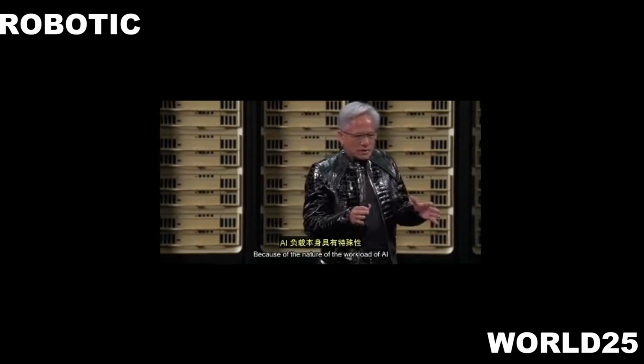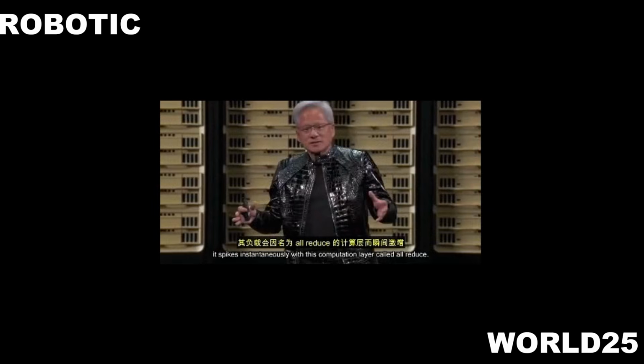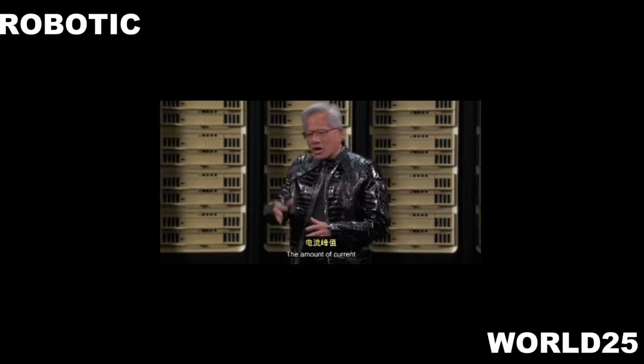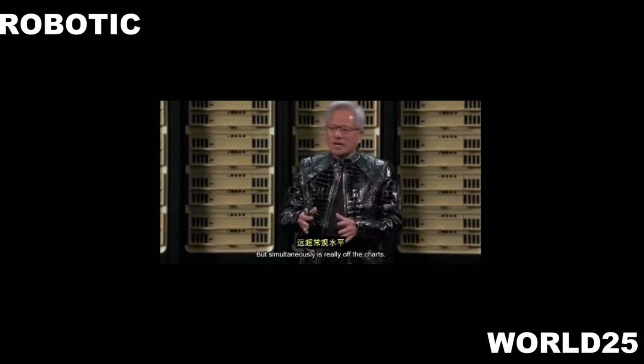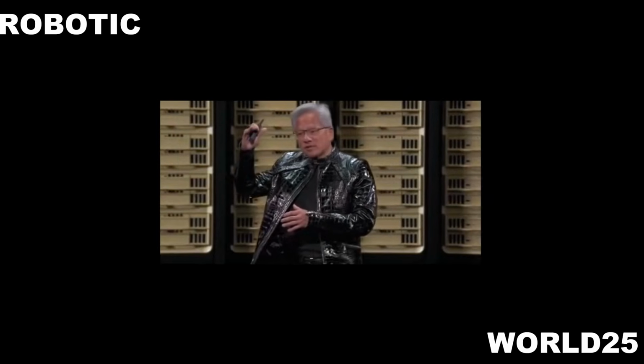Because of the nature of the workload of AI, it spikes instantaneously with this computation layer called all-reduce. The amount of current, the amount of energy that is used simultaneously is really off the charts. Oftentimes it'll spike up 25%.